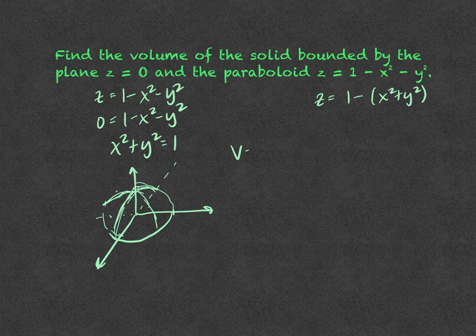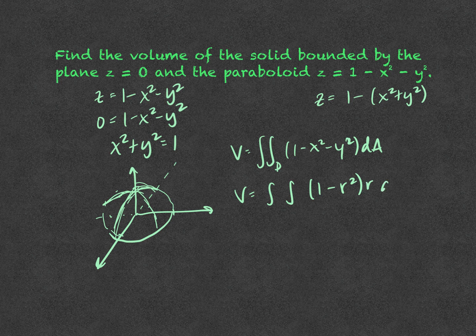So my volume would have been the volume of the region of 1 minus x squared minus y squared dA. And let's put that in terms of polar. So here I'm going to call it 1 minus r squared, like we talked about, with the r, and dr d theta. Now you have to think about what's happening here. Your radius of this, it's 1 in the x and in the y.